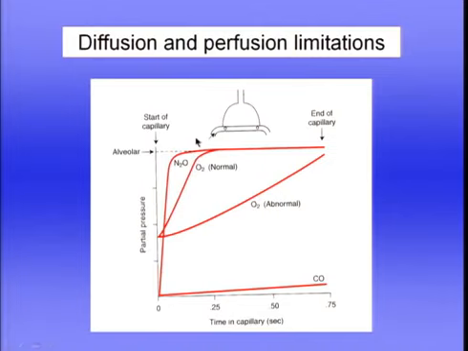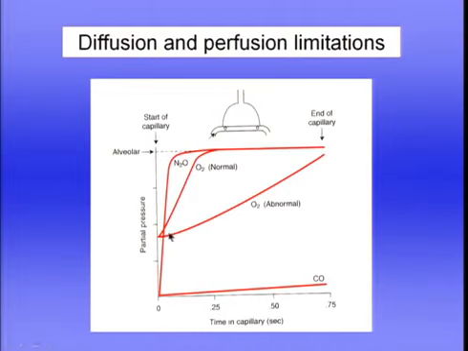However, under some circumstances, oxygen can be at least partly diffusion limited. Here, for example, is a situation where the PO2 rises much more slowly than it normally does. So at the end of the capillary, there is a PO2 difference between alveolar gas and the blood.